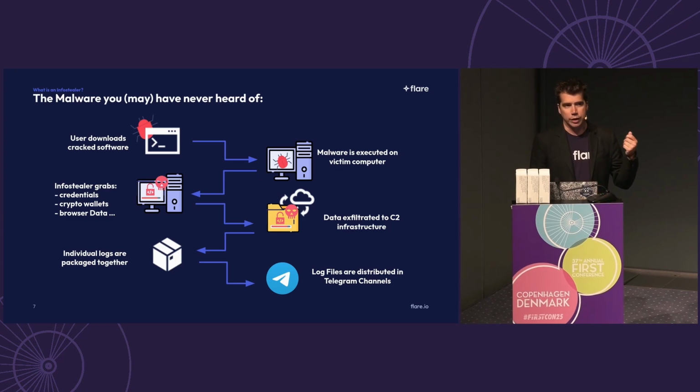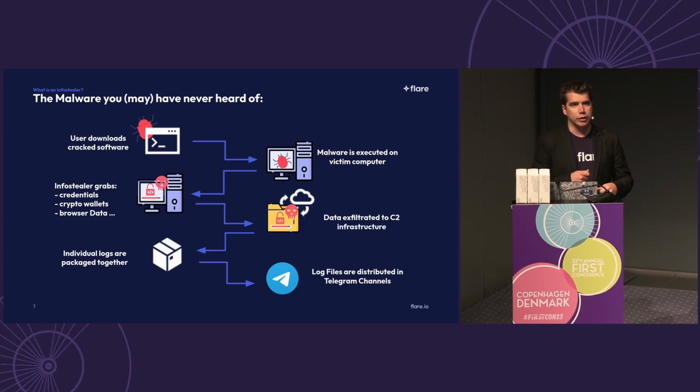Data is exfiltrated via C2, via various different C2 mechanisms, and then the information stealer logs, as the cybercrime community calls them, are basically a zip file that represents everything that was stolen. Each of the different malware families has its own way of packaging them.